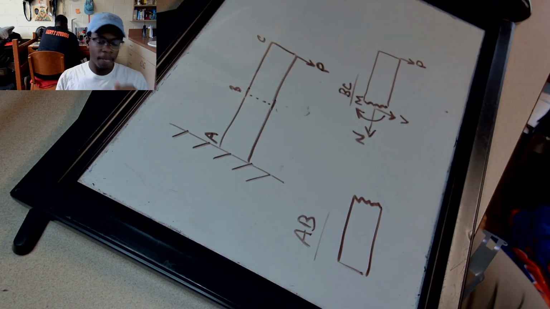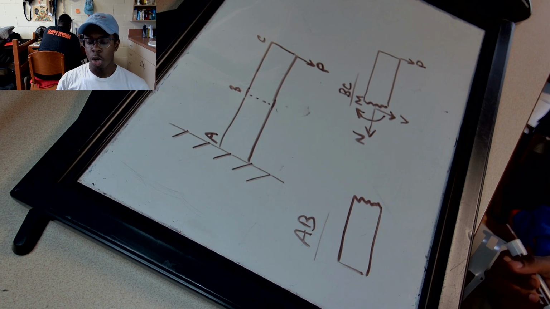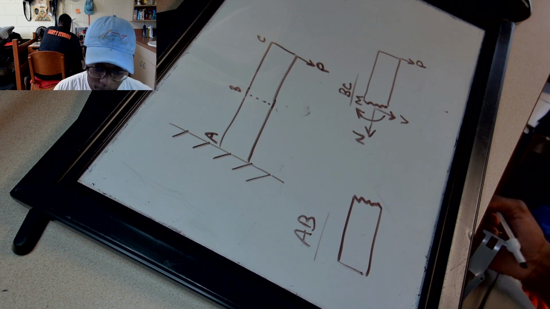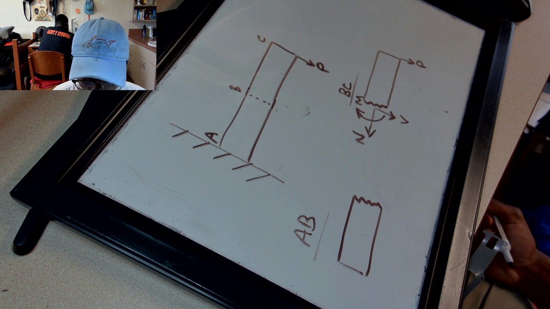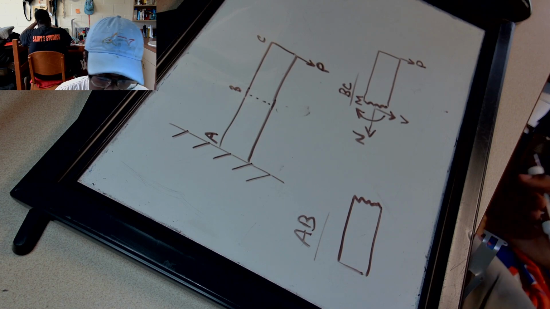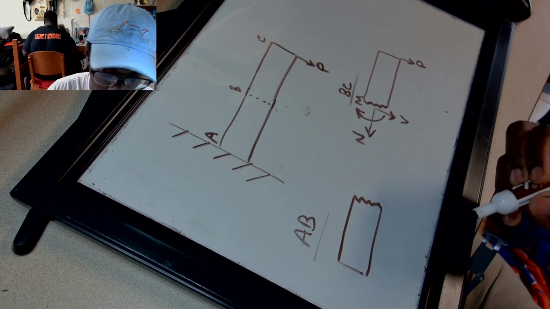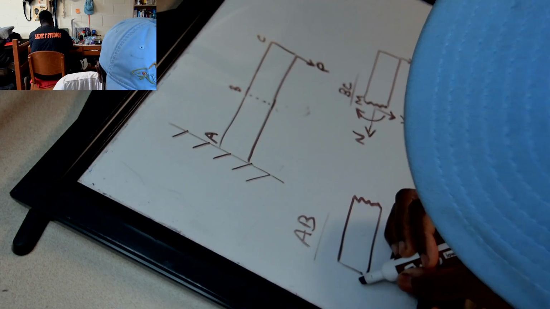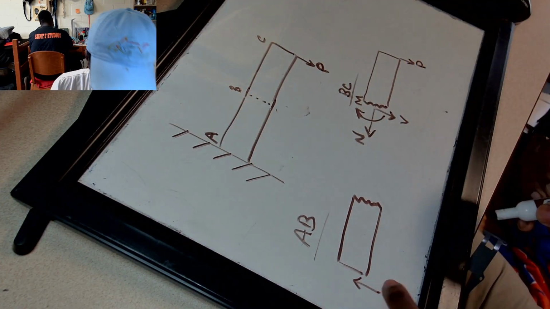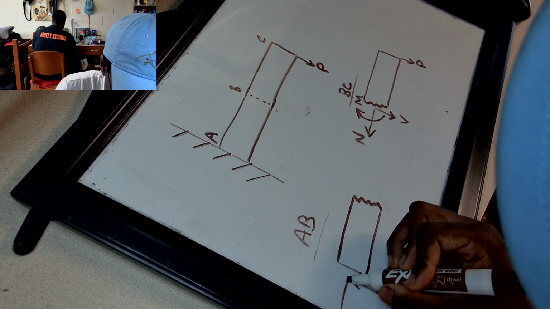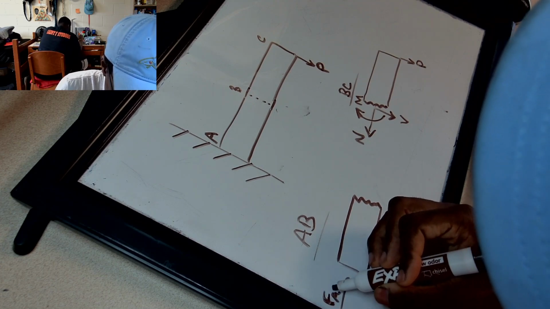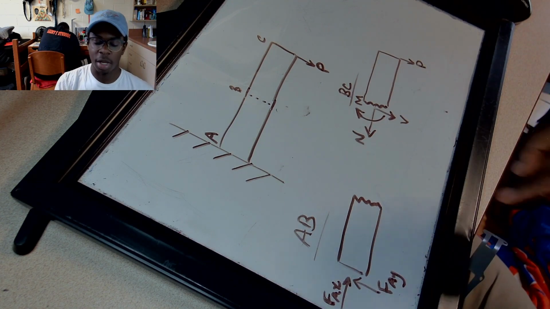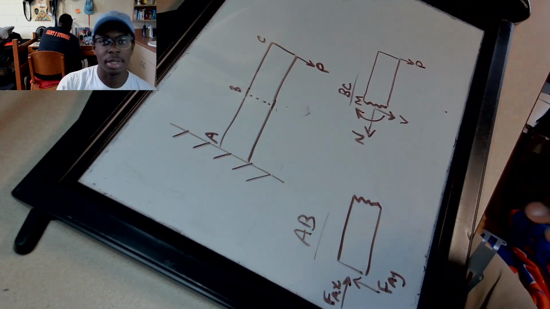So we've drawn AB, draw our applied forces. There are no applied forces directly on AB, actually, so don't have to worry about that. Then we are going to draw our support forces. There are support forces here. So there's going to be a support in the y direction, support in the x direction, so I'll call that FAX, FAY, and then there could also be a support moment because this is a fixed support, it's not a pin support.